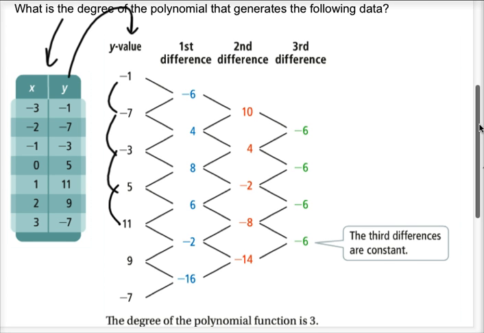The difference between 5 and 11 is 6. 11 down to 9 is negative 2. Then down to negative 7 is negative 16. So we take all the differences and get that.